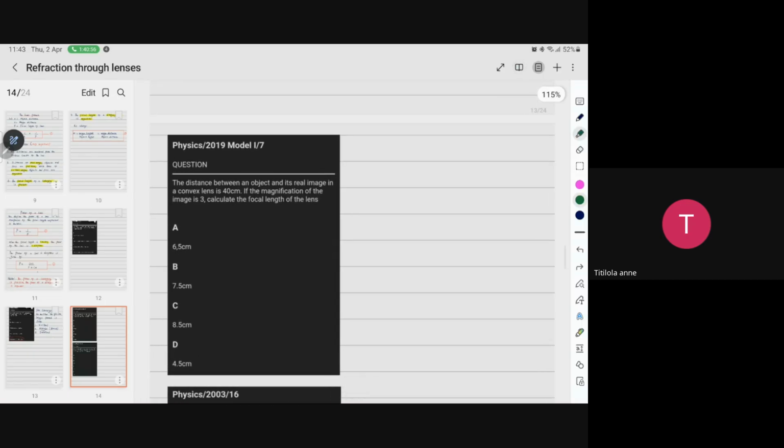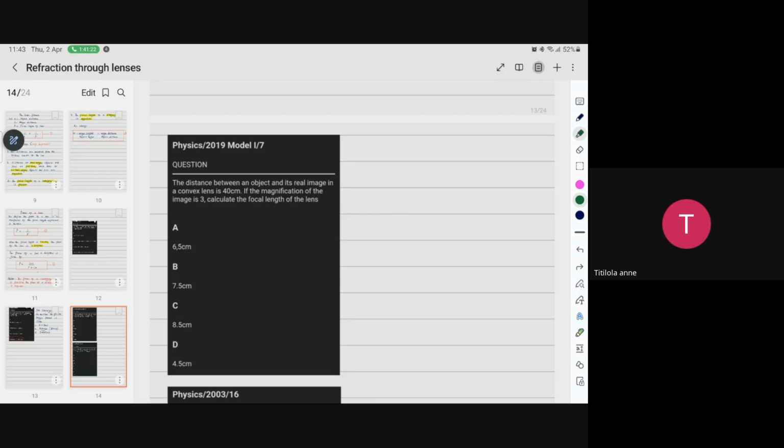All right, so look at this. They said the distance between an object and its real image in a convex lens. Distance between the object and the real image, which entails that, sorry, it was my network that was malfunctioning. So as I was saying, our v will be equal to 3u because our magnification is 3.